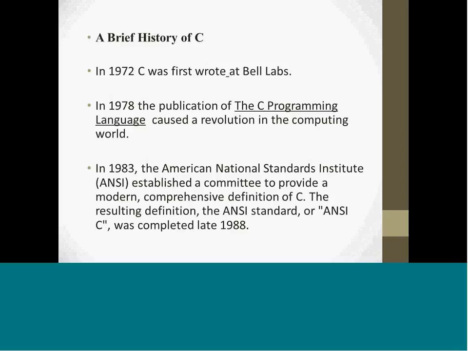In 1978, there was a publication called The C Programming Language, and this publication caused a revolution in the computing world. In 1983, the American National Standards Institute, ANSI, established a committee to provide a comprehensive definition of C. And the definition was finally completed in late 1988.